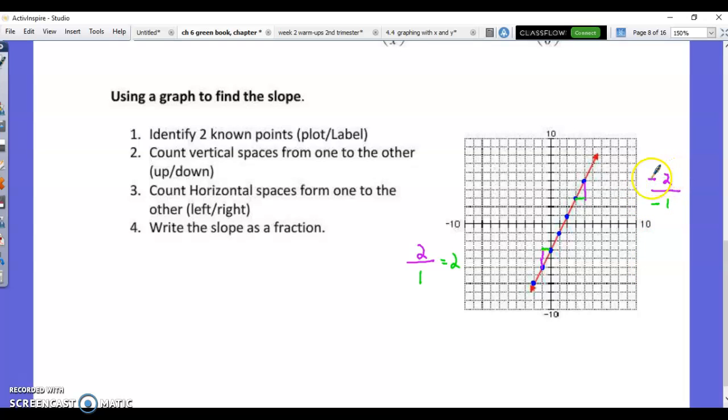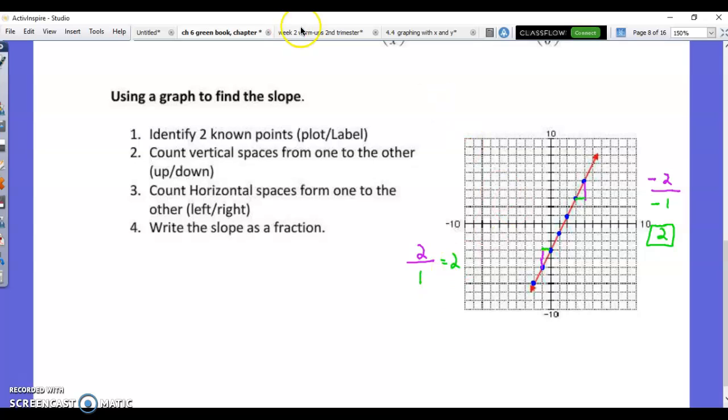And again, we know that negative 2 divided by negative 1 is going to be a positive. So this would also equal positive 2 as our final answer for our slope. So we can represent it as 2 over 1, negative 2 over negative 1, or again, just 2. In this case, if we leave it as a fraction, that'll help later on when we actually have to plot and graph those.